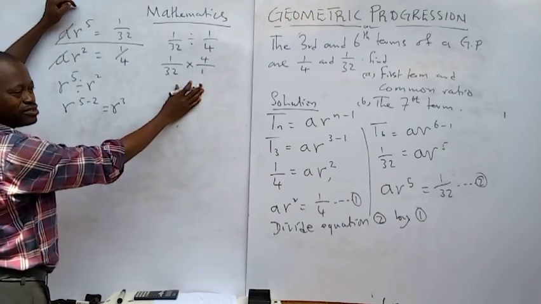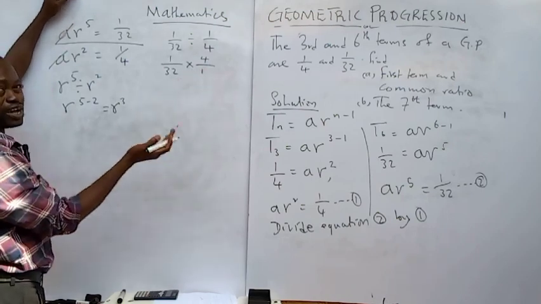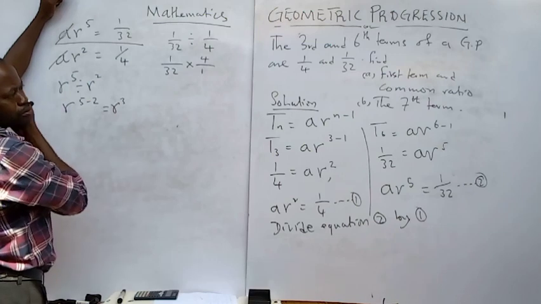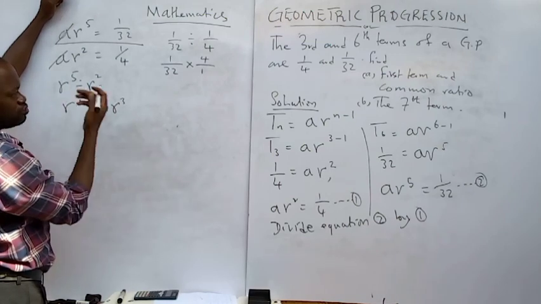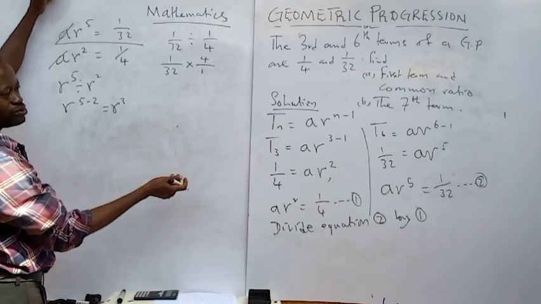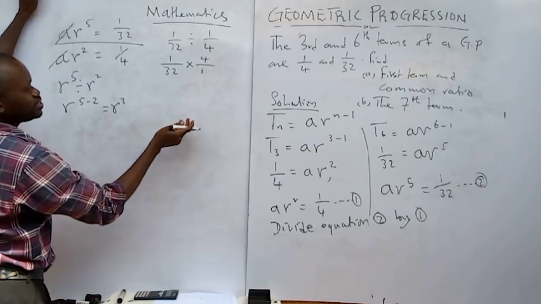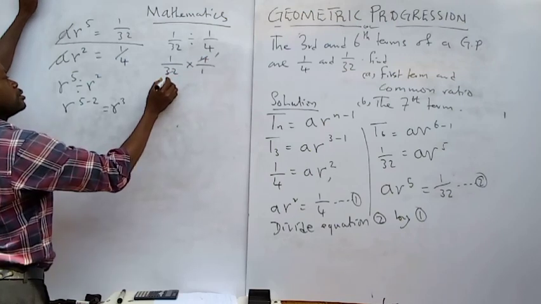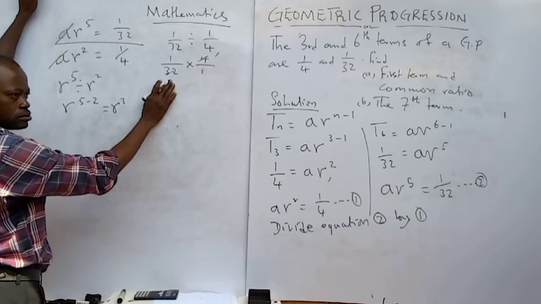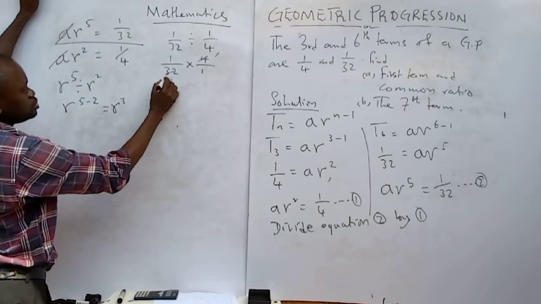Simplification of fractions is a topic of its own. I told you we have a lot of work to do here, so you just have to hang around. So 4 cancels itself, 1 cancels here. 4 divided into 32 is 8.